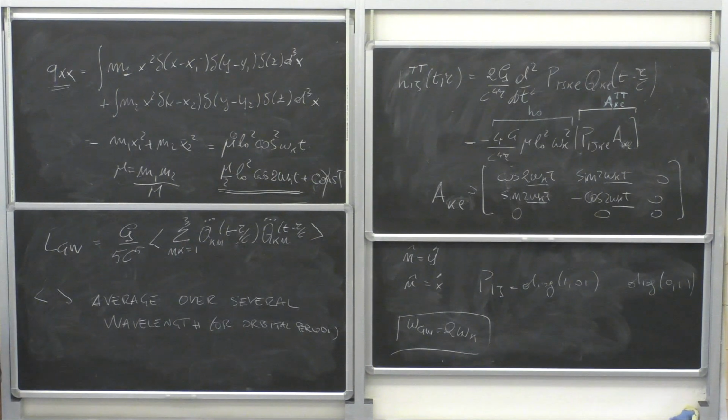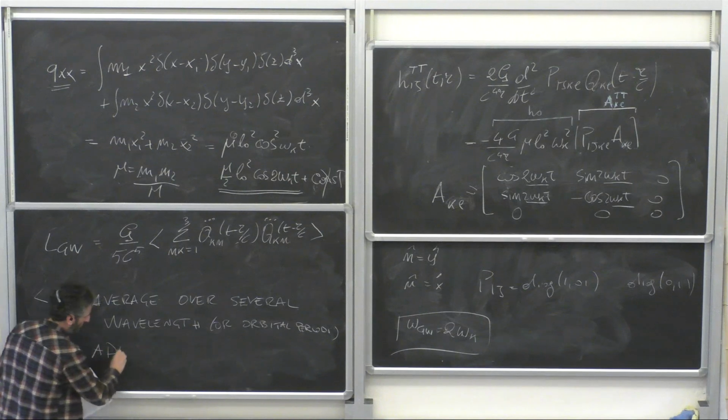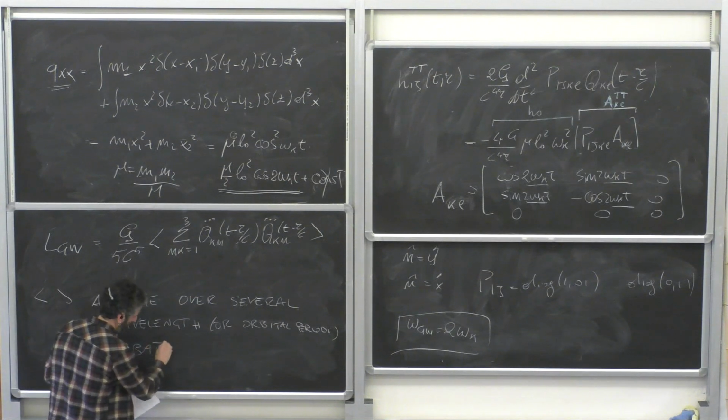When you are close to the merger, this won't hold anymore because we will have a very fast spiral, and you need to work out a different technology, and it will also be impossible to solve the problem in a semi-analytical way. This condition is what leads to the adiabatic approximation.